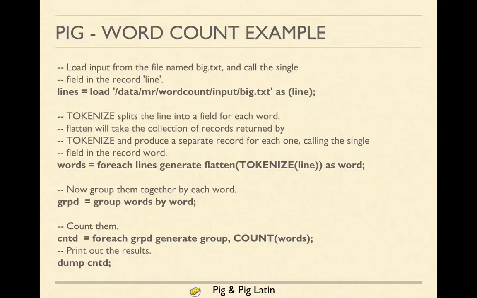The commands start with a double dash, and in every line, first we are loading the data such that there is a single column called lines, and the input file is big.txt. Then we're breaking the lines into one word per line, and then we're grouping the words and creating a group, and then over the group we are doing the counting of each group.